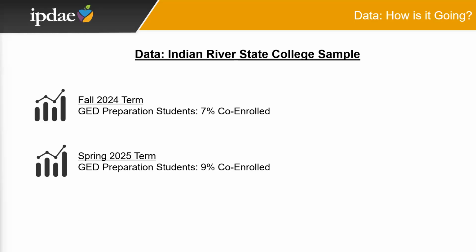Our GED preparation students, 7% of them were co-enrolled, meaning that 7% of our overall number of GED students were also enrolled in ESOL. And then that number increased this past spring. Out of all of our GED students, 9% of those students were also in ESOL, so co-enrolled.